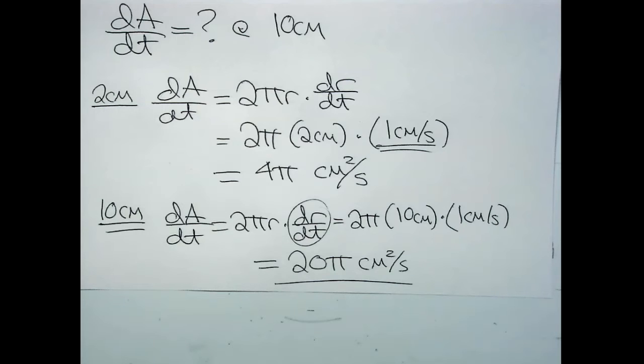Let's try a different problem. Let's go 3-dimensional and let's inflate a balloon. So if we inflate a balloon, the balloon will have volume. And there's a couple of rates regarding the balloon that we could talk about, but probably the most important one will be dV/dt, which is how quickly am I acquiring volume per unit time, how fast is the balloon growing volumetrically.